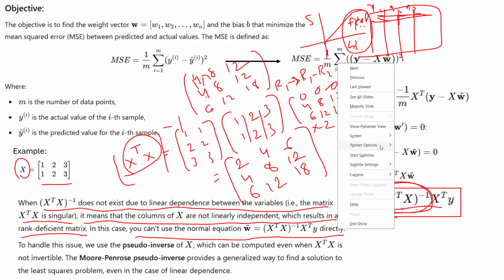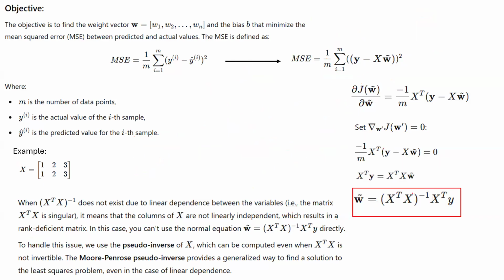In such cases you have to calculate using the pseudo inverse of X, using some methods like singular value decomposition and all that stuff. The systems will still calculate the inverse of this matrix. One such method to handle this is to use a pseudo inverse of X, which can be computed even when X transpose X is not invertible.